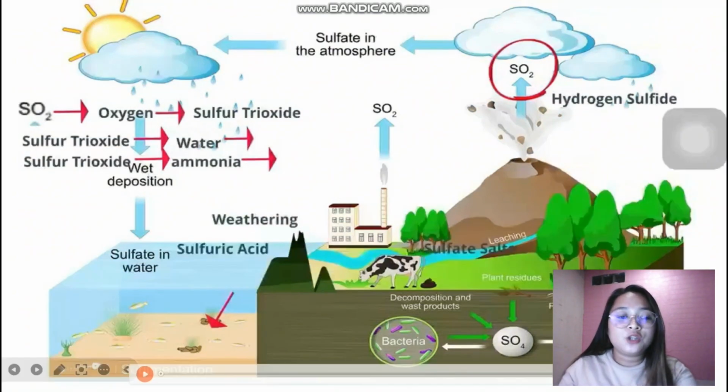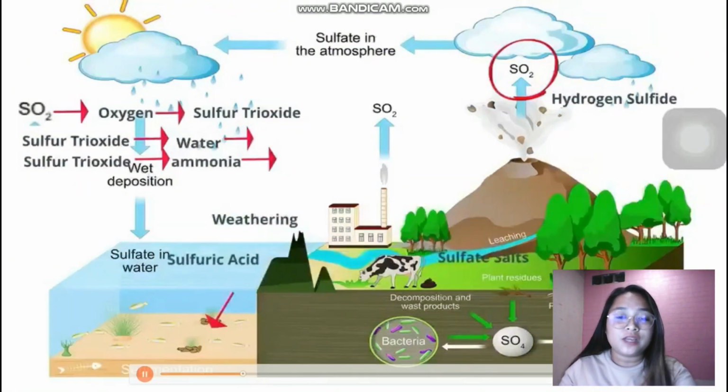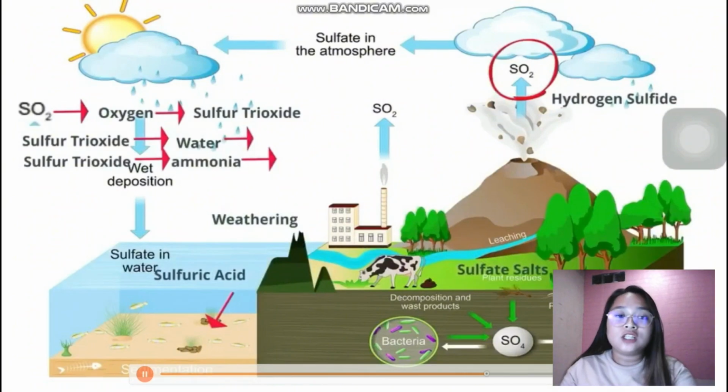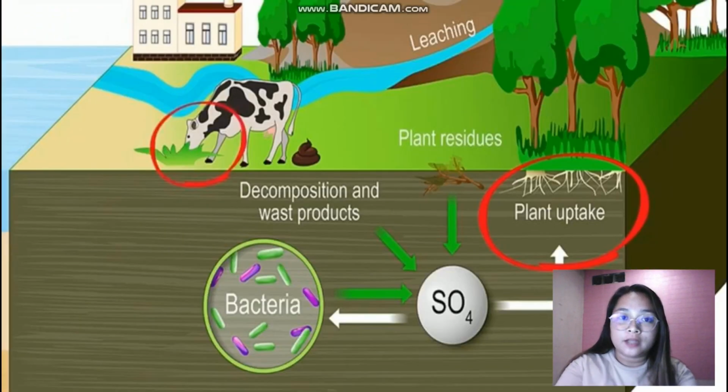And then the sulfuric acid and the sulfate salt will fall to the earth or to the soil by precipitation, just like rainfall. As it falls to the earth, it will go with the soil. The soil will absorb these sulfate salts.